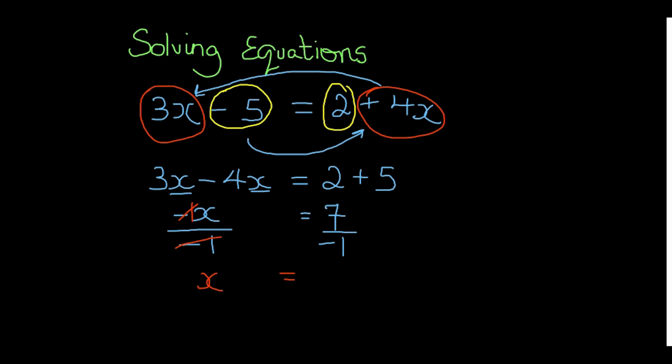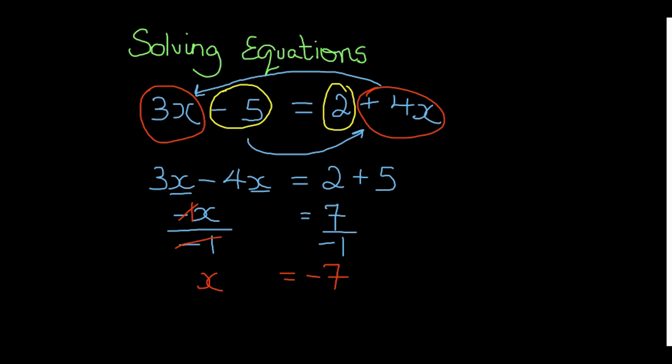So what is 7 divided by 1? Anybody, what is 7 divided by 1? 7, but this time it's a positive 7 divided by a negative 1. So what should be the answer? There you go, negative 7.